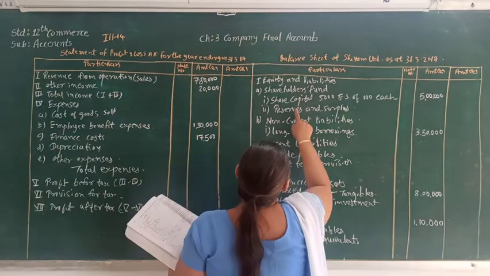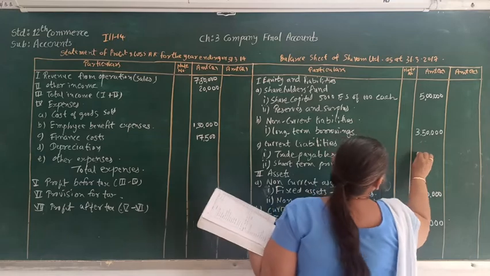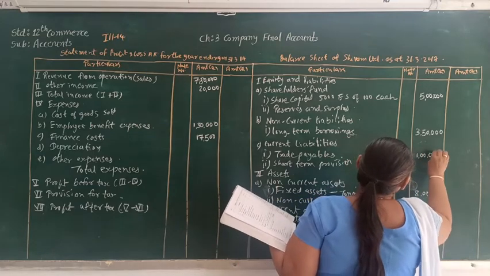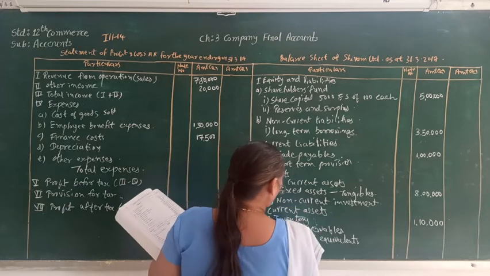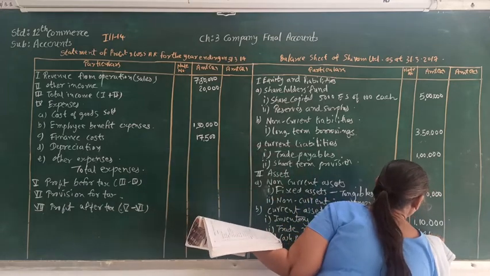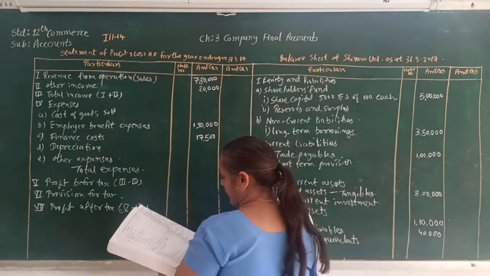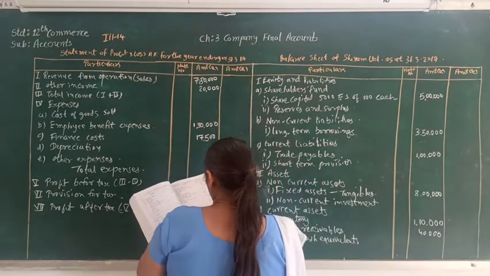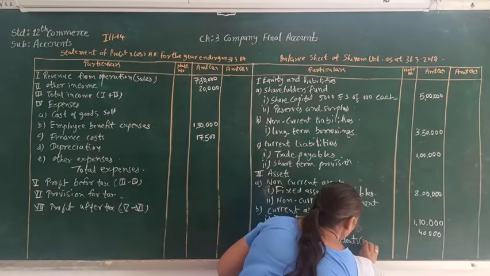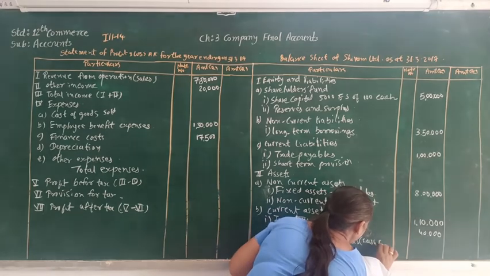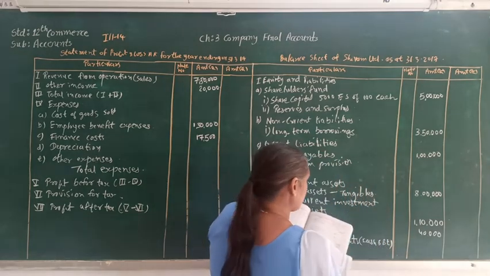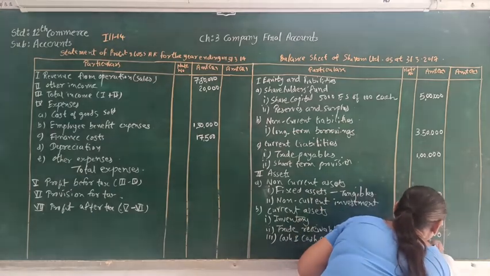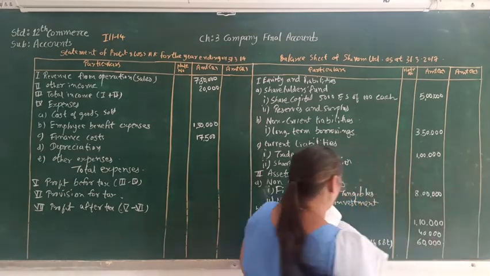Then the next one is trade payable, and trade payable is 1 lakh. Then the next one is trade receivable, and that is 40,000. After that, there is cash and bank balance, and that is 60,000.